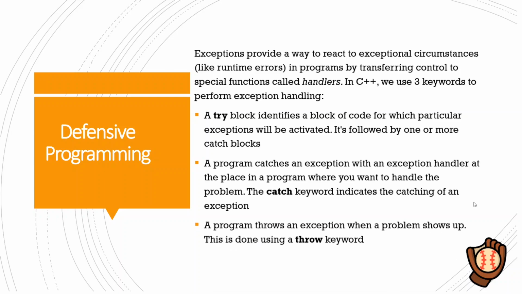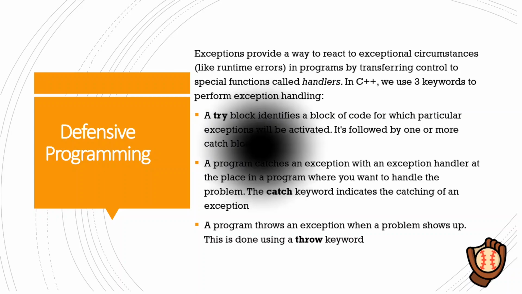So a program throws an exception when a problem shows up, and this can also be done using a throw keyword. So the try block identifies the block of code for which an exception may occur. The catch keyword catches that exception, and you use the throw keyword to throw a proper error message when that problem shows up.